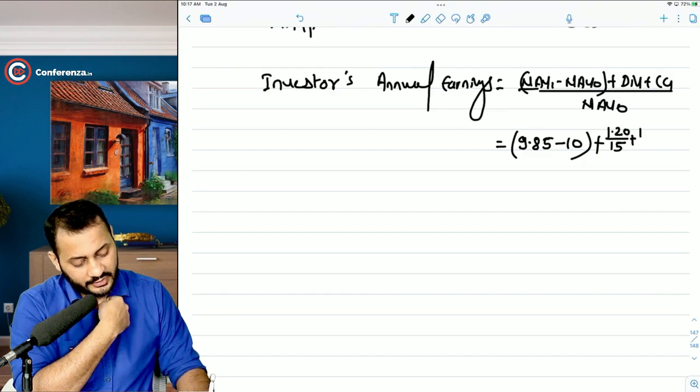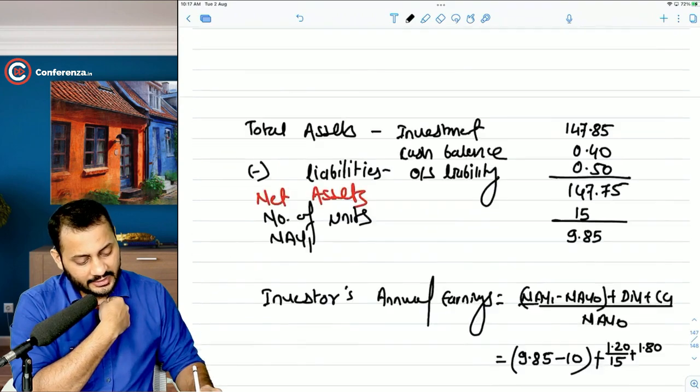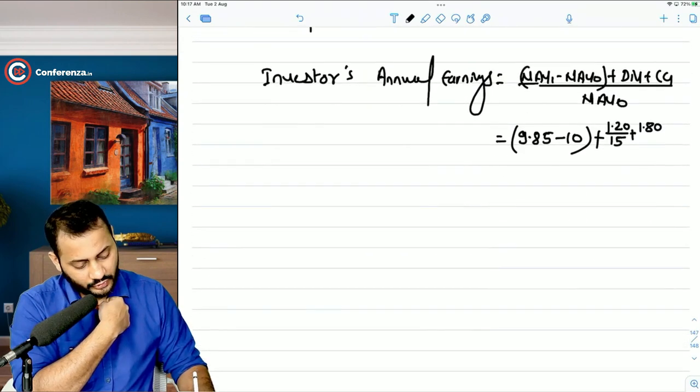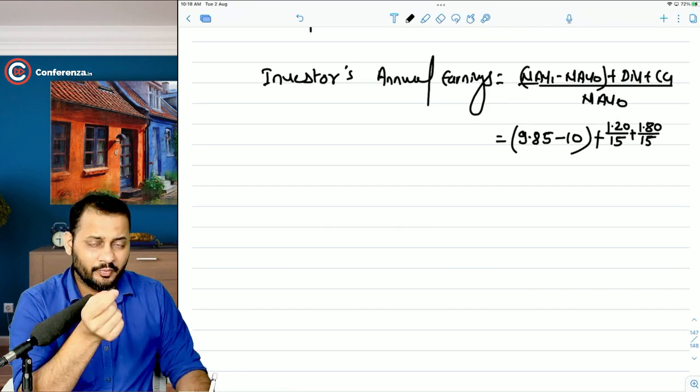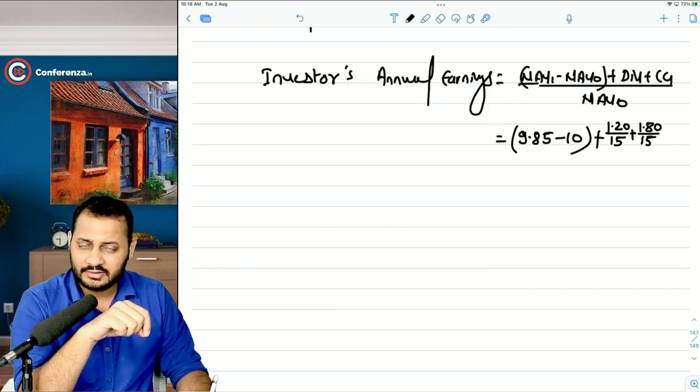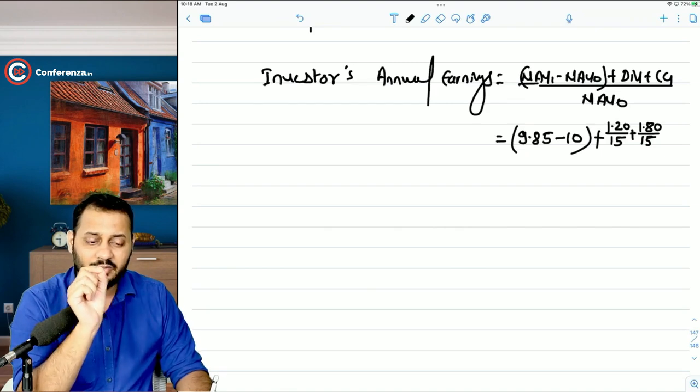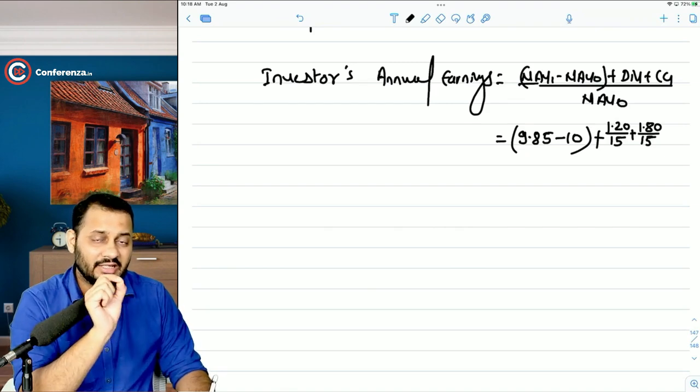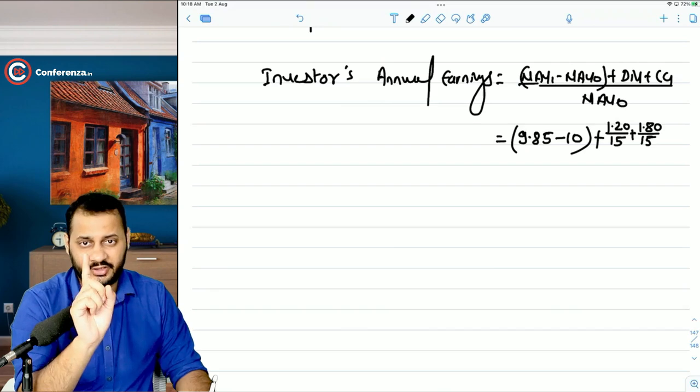Also, they distributed 1.8 lakhs of capital gain to 15 lakh units. Am I right? So the moment you divide by 15 lakhs, the answer will be the dividend and capital gain for 1 unit.